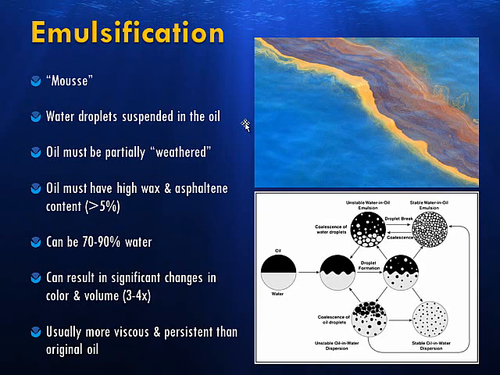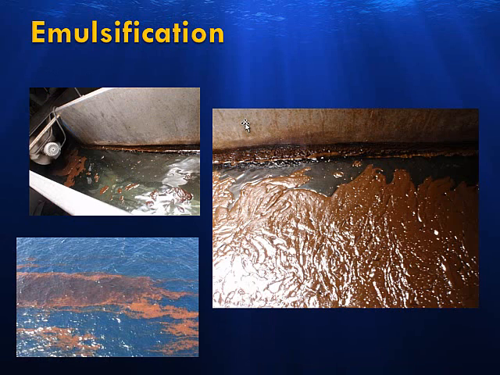When you think about stuff in your house that might be an oil and water emulsion, vinaigrette salad dressing is a relatively unstable emulsion. You have to keep shaking it to keep the oil and the vinegar mixed into that sort of frothy consistency. Whereas mayonnaise is a more stable emulsion.